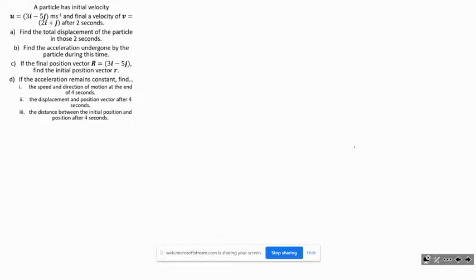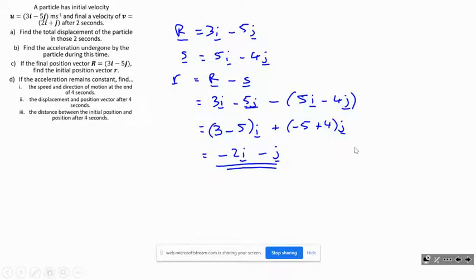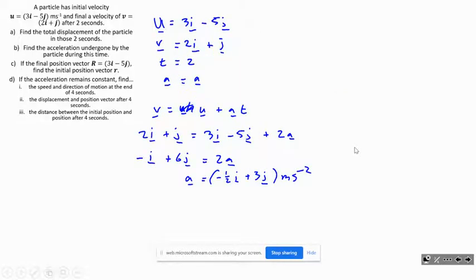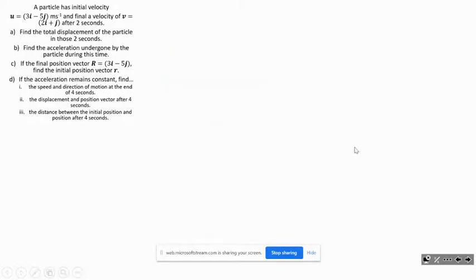The acceleration remains constant for this, so our acceleration is going to stay at negative a half i + 3j. We want to find the speed and direction of the motion at the end of the 4 seconds.